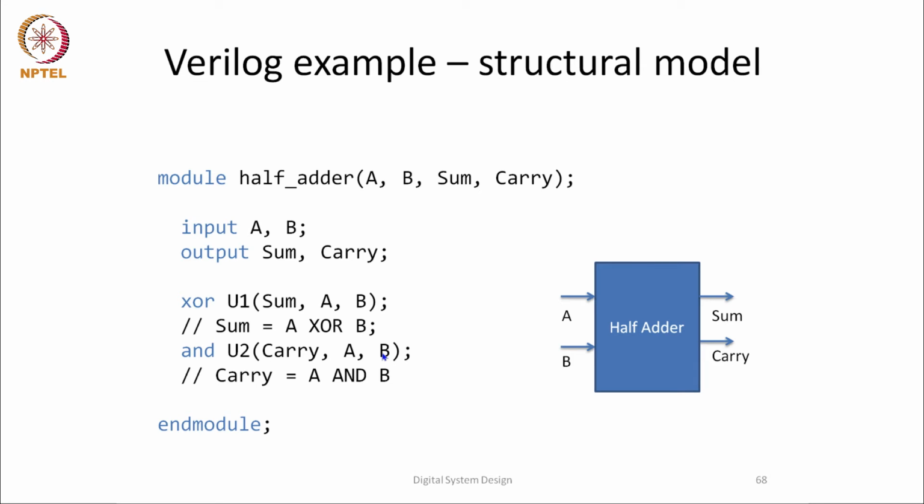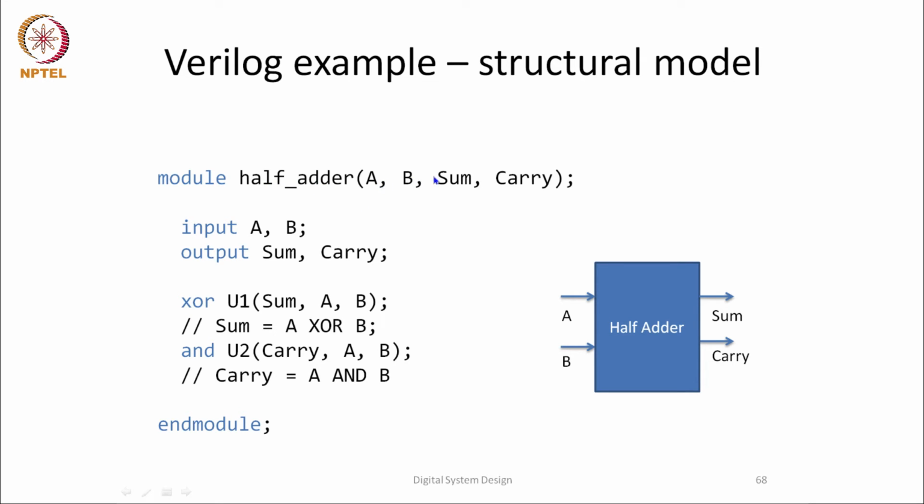In our previous slide, we have seen that in a half adder, sum is an XOR of A and B, and carry is an AND of A and B. So I can instantiate an XOR gate, and the name of the instance I have to write; U1 is the name of the instance, and then the connections of this XOR.